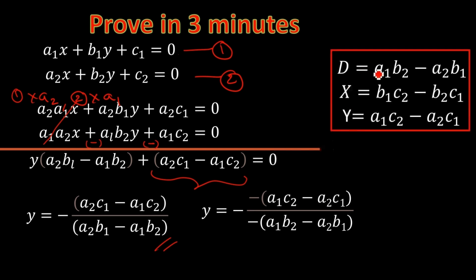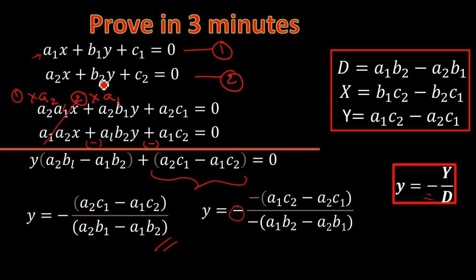I explained how to write the d, x, y terms. This a1 c2 minus a2 c1 is the y term. Similarly, the bottom one is the d term. So y will get the minus, which is still there, so that it comes as minus y by d.